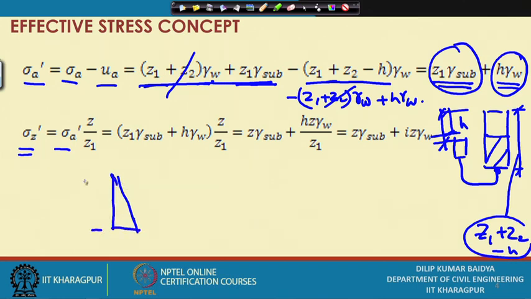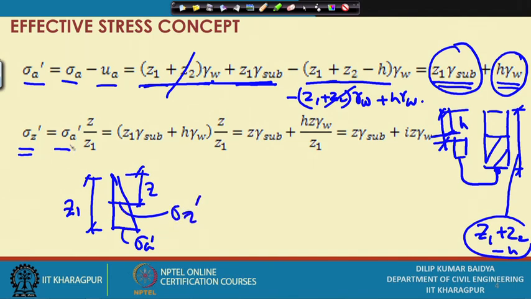This depth is z 1 and this depth is z, and at this depth z the effective stress is sigma z dash. If I find sigma z dash proportionately, as sigma a dash times z by z 1, it follows from the symmetry of the triangle.